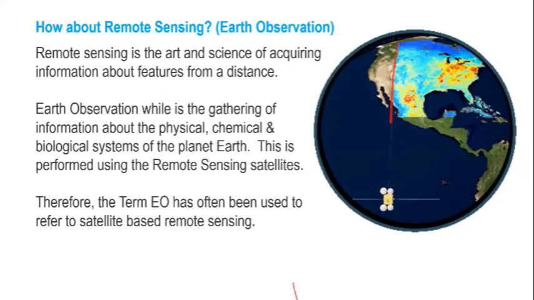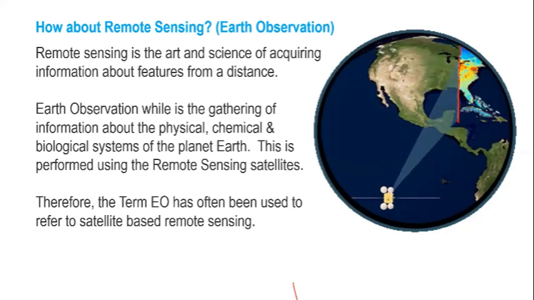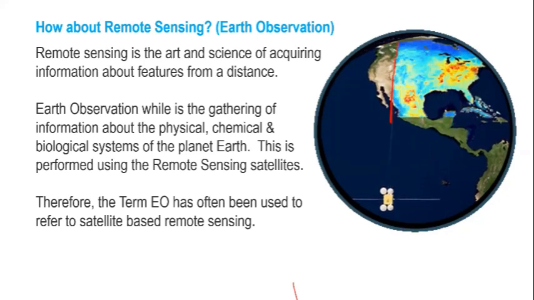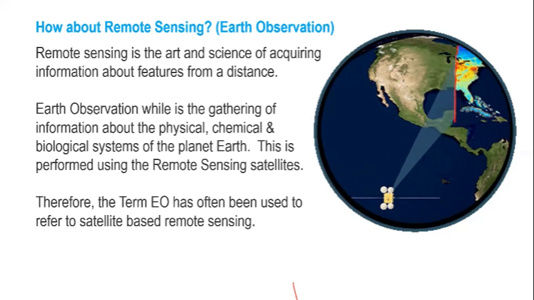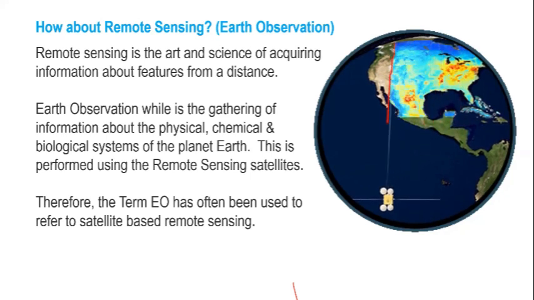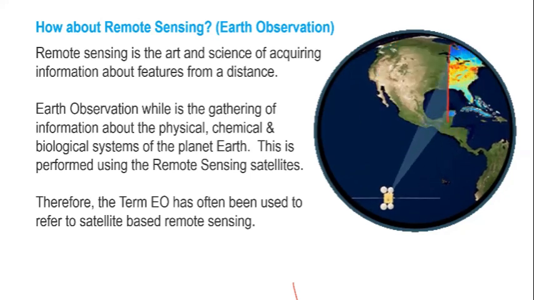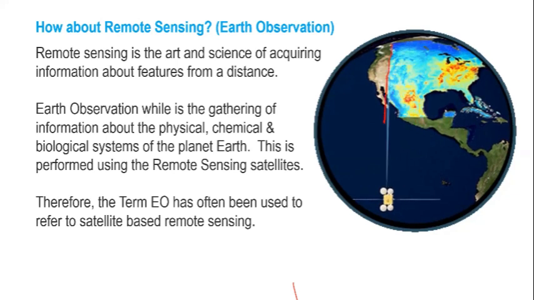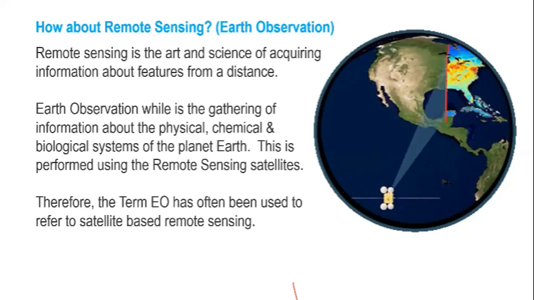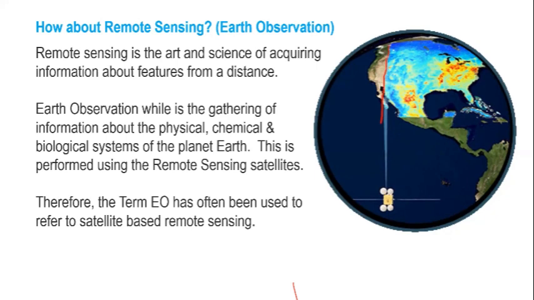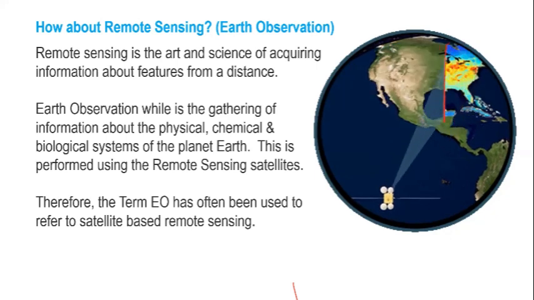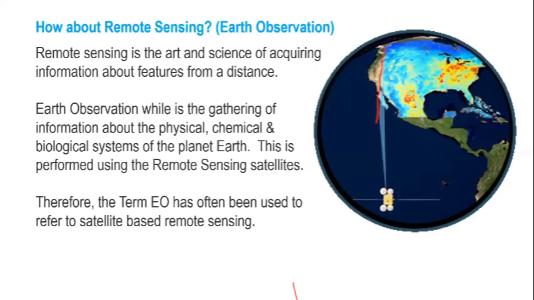Now, remote sensing is actually related to GIS in a way that it provides data for GIS. It's mainly the art and science of capturing that information. The information can be anywhere, and you just capture it without actually having a direct contact.